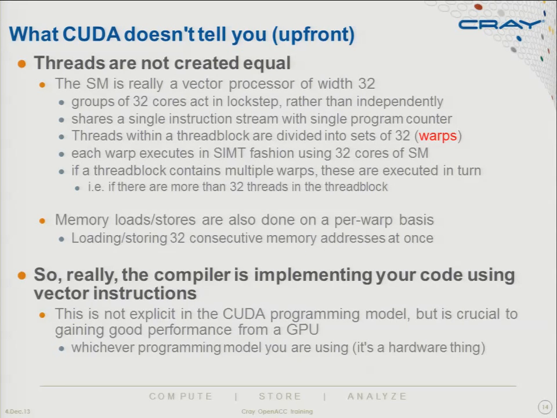So really, your compiler is taking your code and writing it in vector instructions, like AVX for the CPU. That's what an OpenACC compiler is doing for you. It's what a CUDA compiler is doing for you. But you need to make sure that it's doing this in an efficient manner. Now, one of the great things about the Cray compiler, of course I always say this, is that it has a great history to it. The Cray compiler has evolved from the days when the early Cray machines were vector machines, and Cray made really good vector machines.